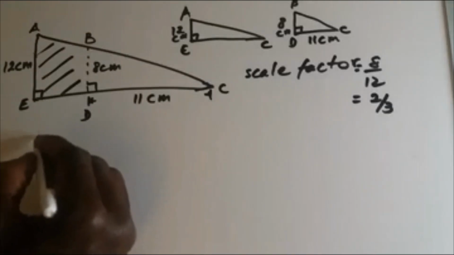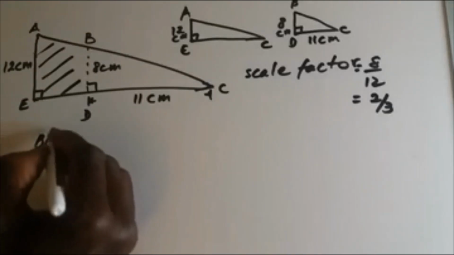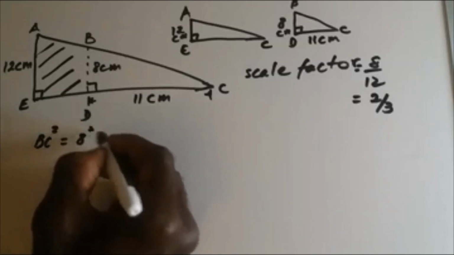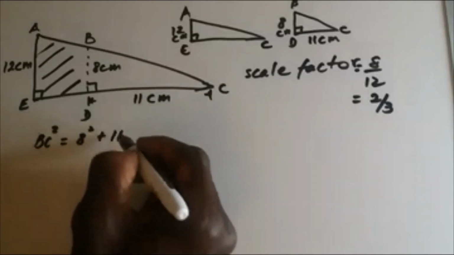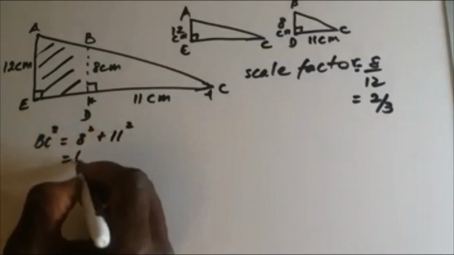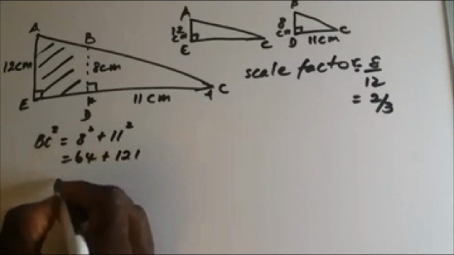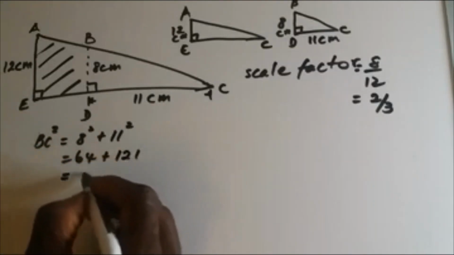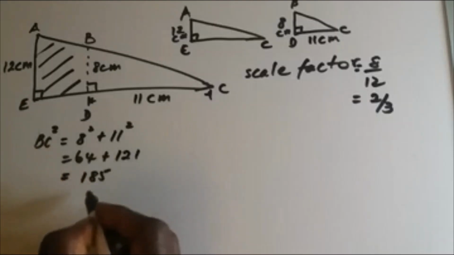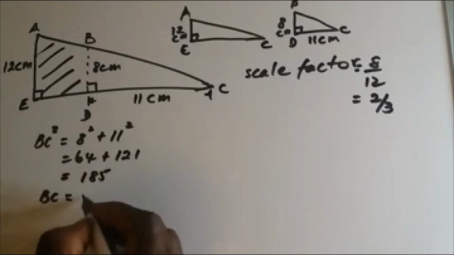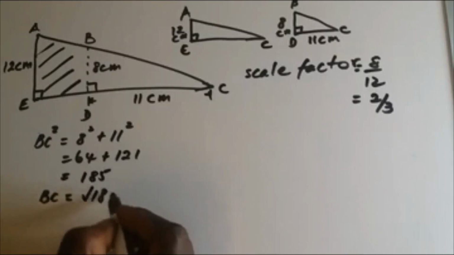So we have BC squared is equal to 8 squared add 11 squared. This is 64 add 121, which gives us 185. So BC must be the square root of 185.